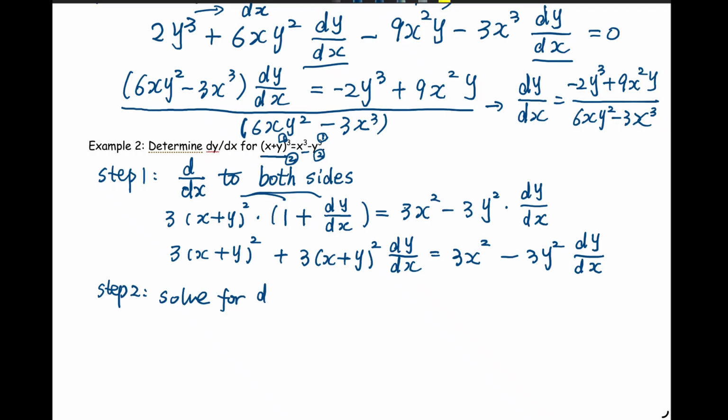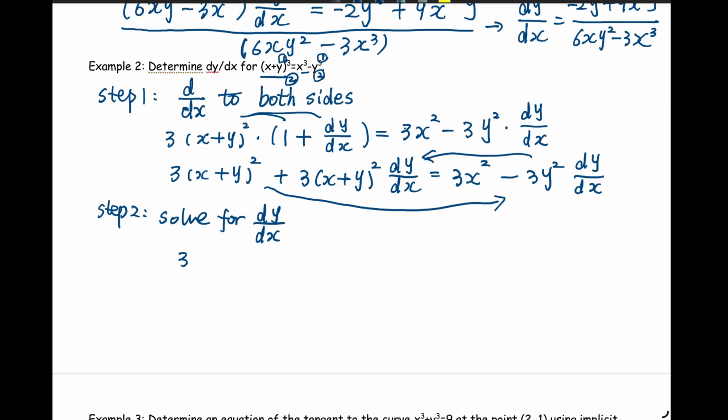Then it means we are going to move dy by dx to one side, and maybe we just move the dy by dx to the left side, then the terms without dy by dx to the other side. So we are going to have 3 bracket x plus y bracket squared, then dy by dx.